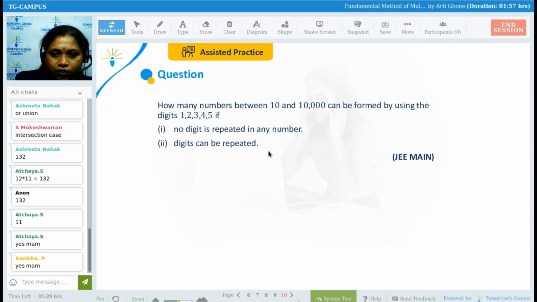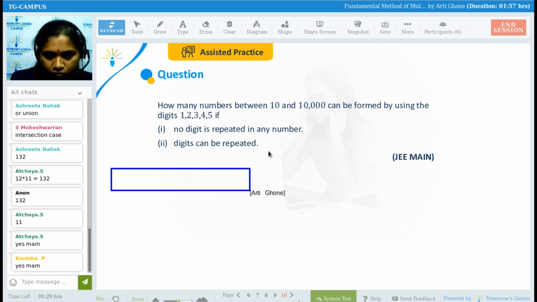Let's consider the repeated digits case first. First, we'll consider the second case, making a number. So how many numbers are in between these two numbers?